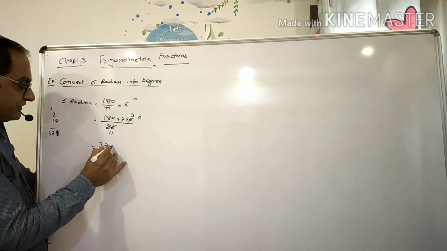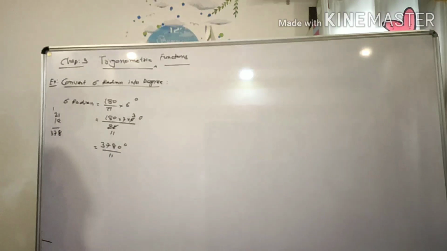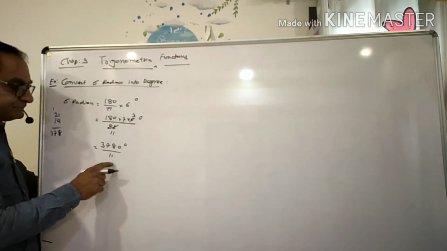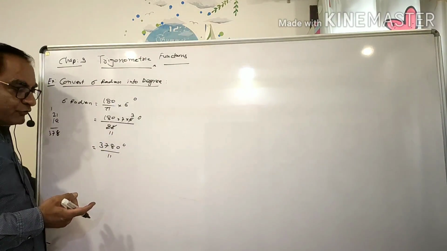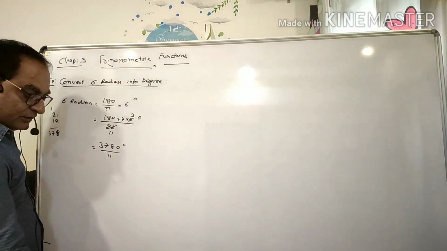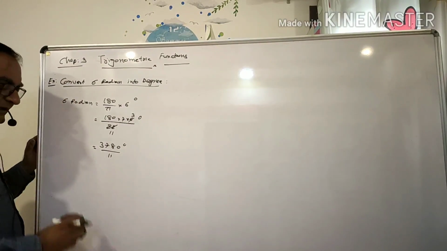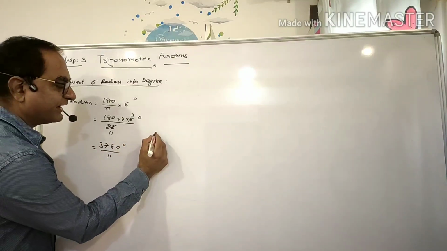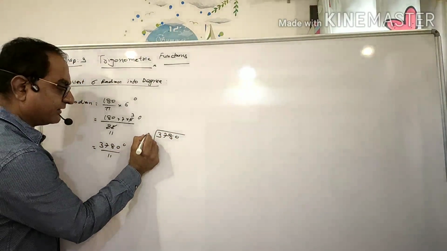Okay, 3780 by 11 degrees. So we will have it like this. Now this is not further divisible, so we will have to do the division. Division is rough work, so we can do it on the side.